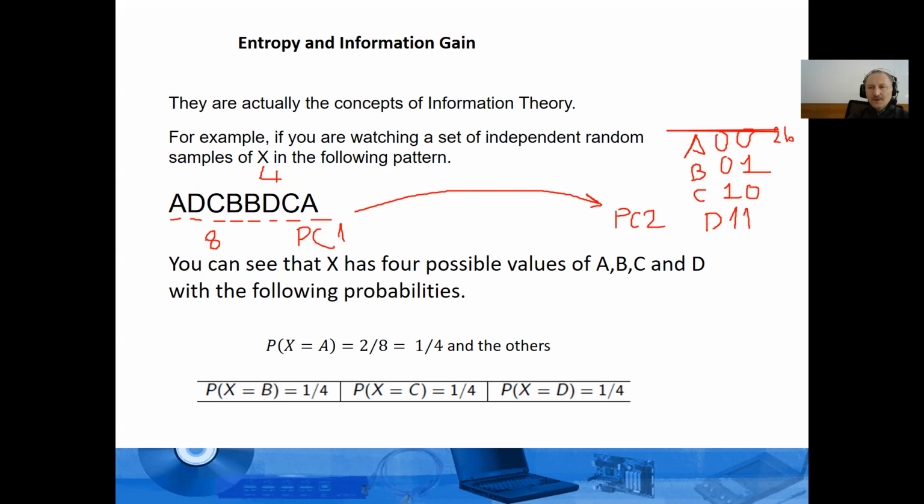And then we have 8 symbols, 16 bits. If you want to send this text from this PC to the other, you need to use a minimum of 16 bits.